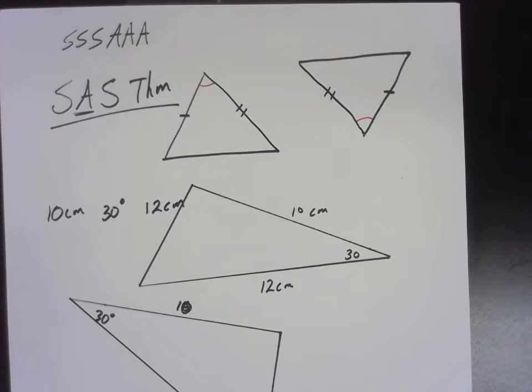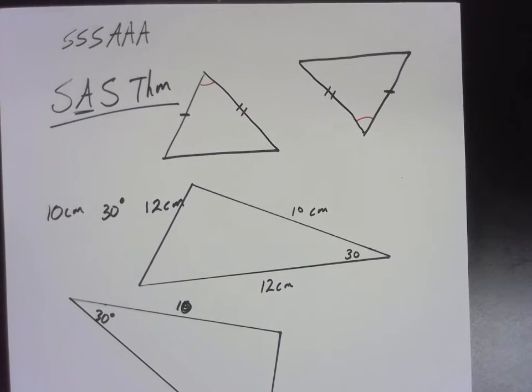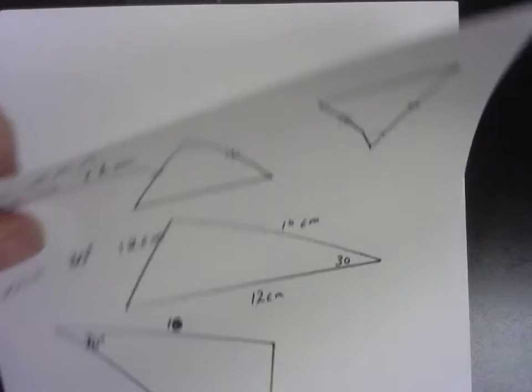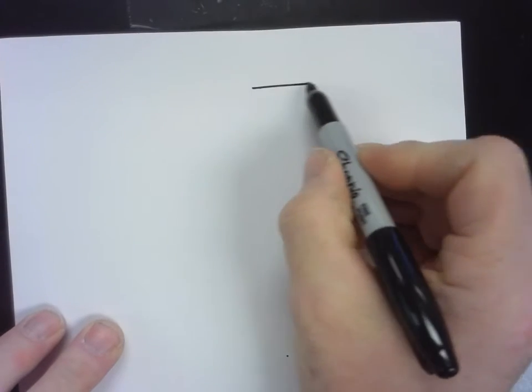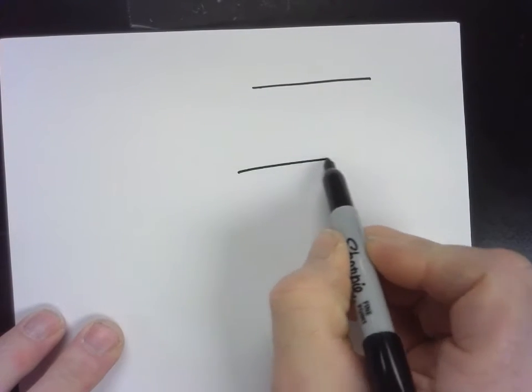So this is the first theorem we're going to learn about in order to show that two triangles are in fact congruent. So you're going to be given problems like this.